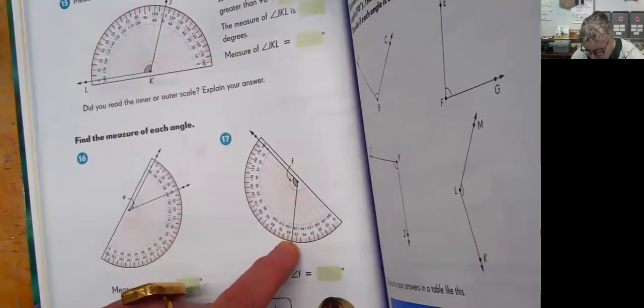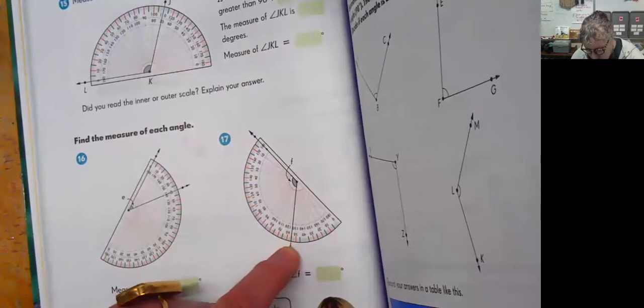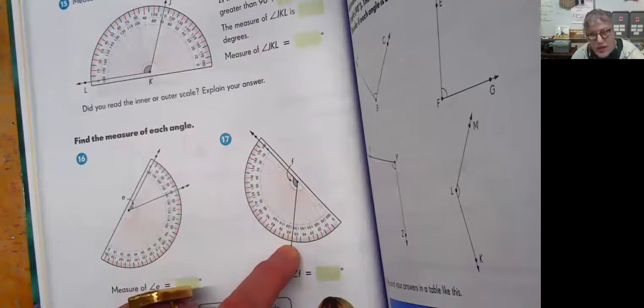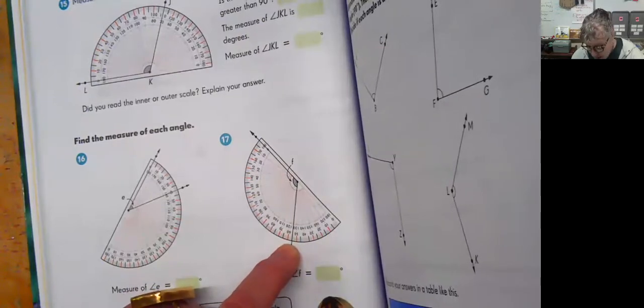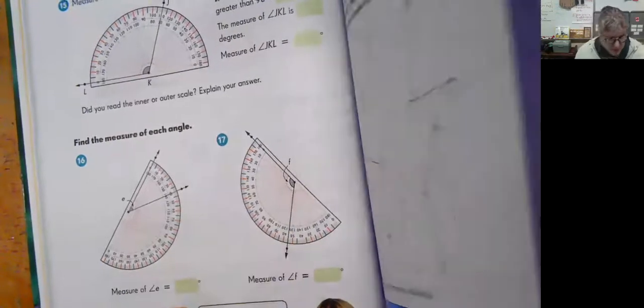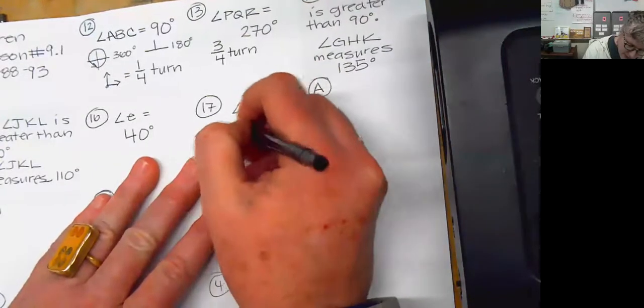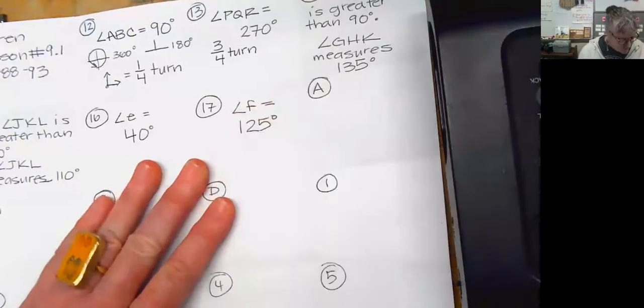Now I know it's not the outer scale because the outer scale says 55. And this is greater than 90 degrees. So it can't be 55. So I know it's going to be 125 degrees. So I'm going to say angle F equals 125 degrees.